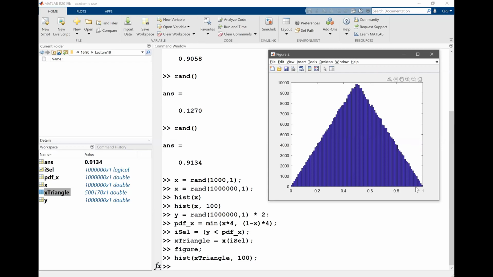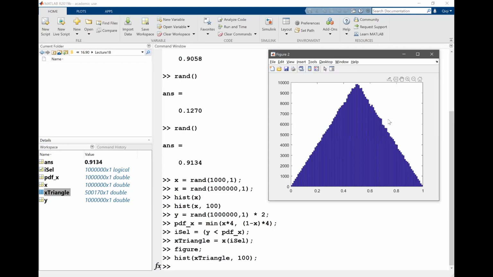So whenever x has a lower PDF, the value is going to be lower. So that means our y is going to be more likely to be less than the PDF when the PDF is high, right? Which means we are more likely to accept that particular x when x lies in a place where the PDF is high. That's how we have made the PDF non-uniform, starting from a uniform distribution.